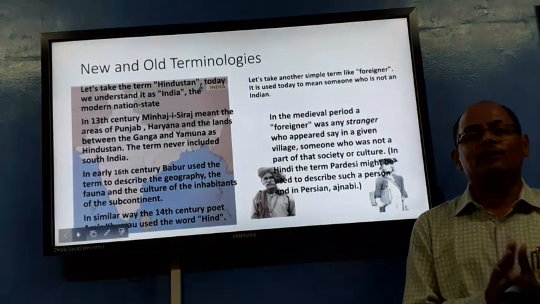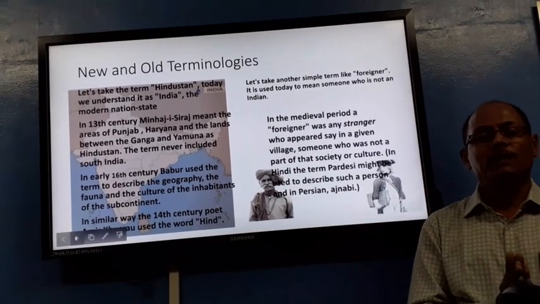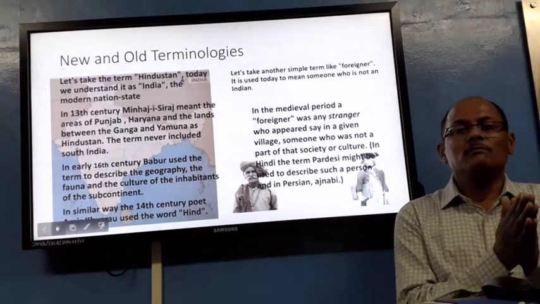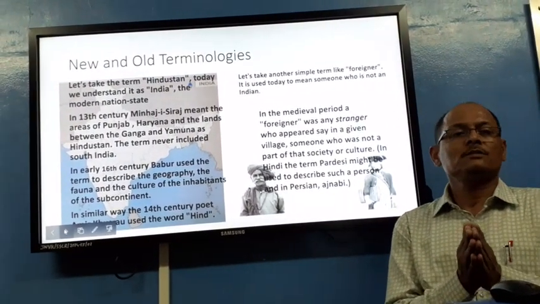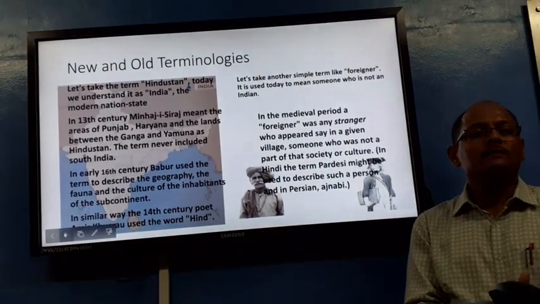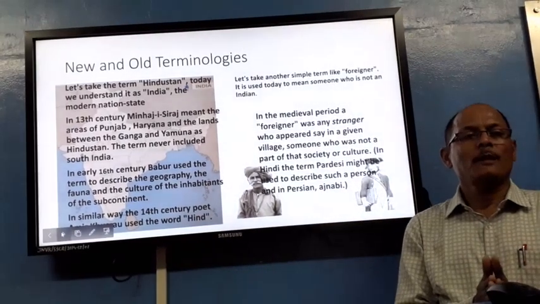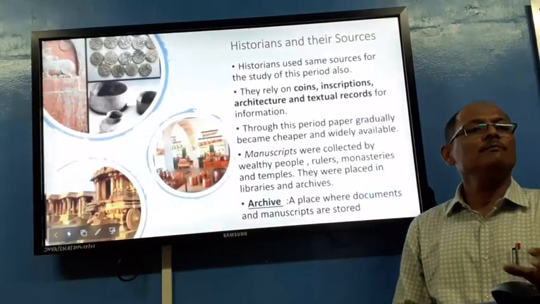Suppose we take a forest dweller or a city dweller, they both were foreigners. But a person from the same village, without the background of caste or creed, may be termed as of the same village only. So with these two words, we will move to the third theme.